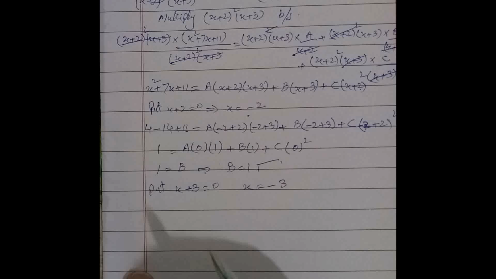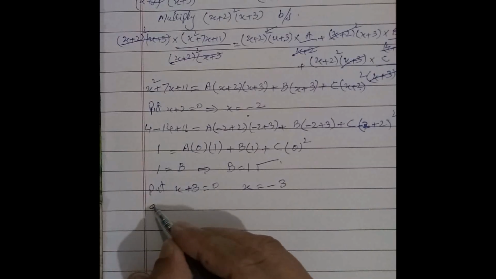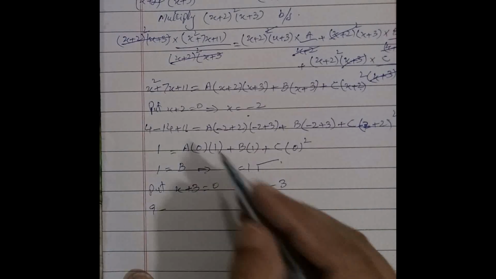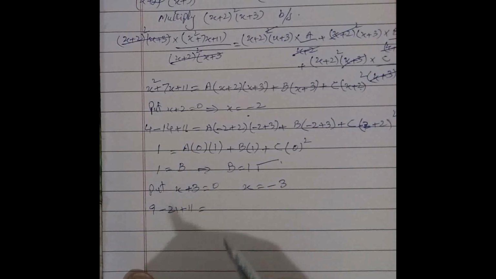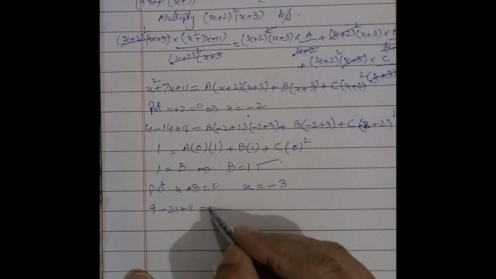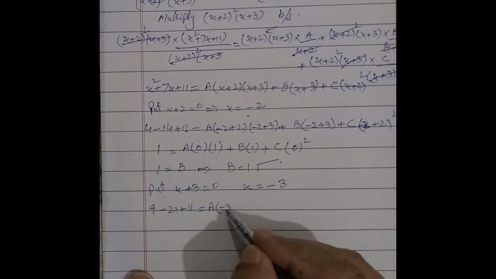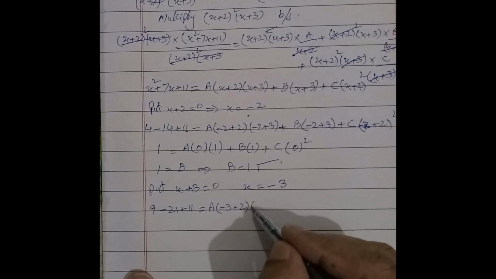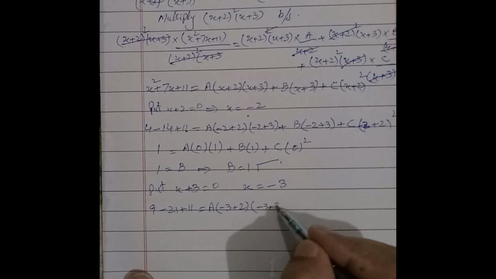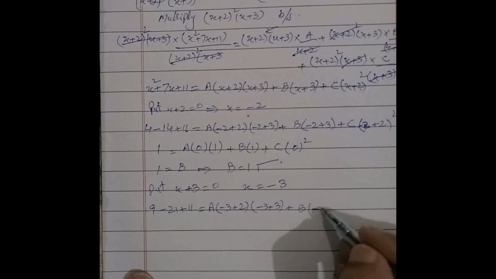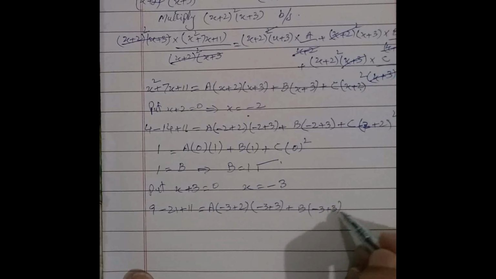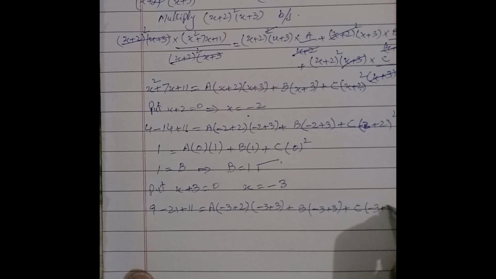We get minus 3 square is equal to 9, minus 7 threes are 21, plus 11, is equal to a into minus 3 plus 2 into minus 3 plus 3, plus b into minus 3 plus 3, plus c into minus 3 plus 2 whole square.